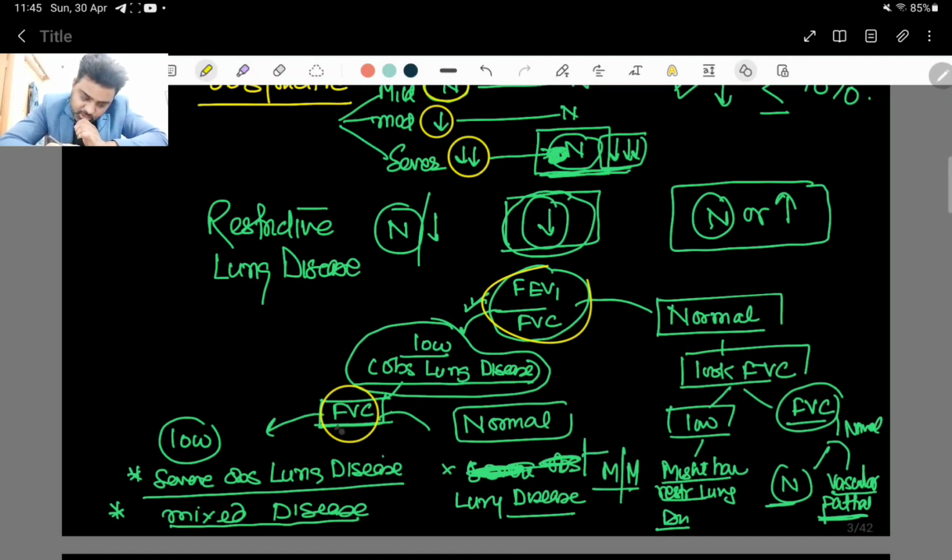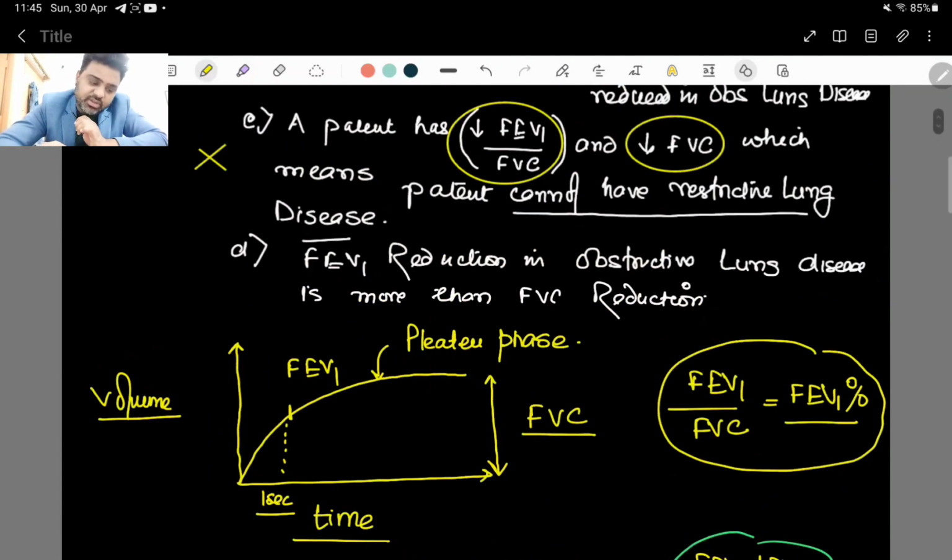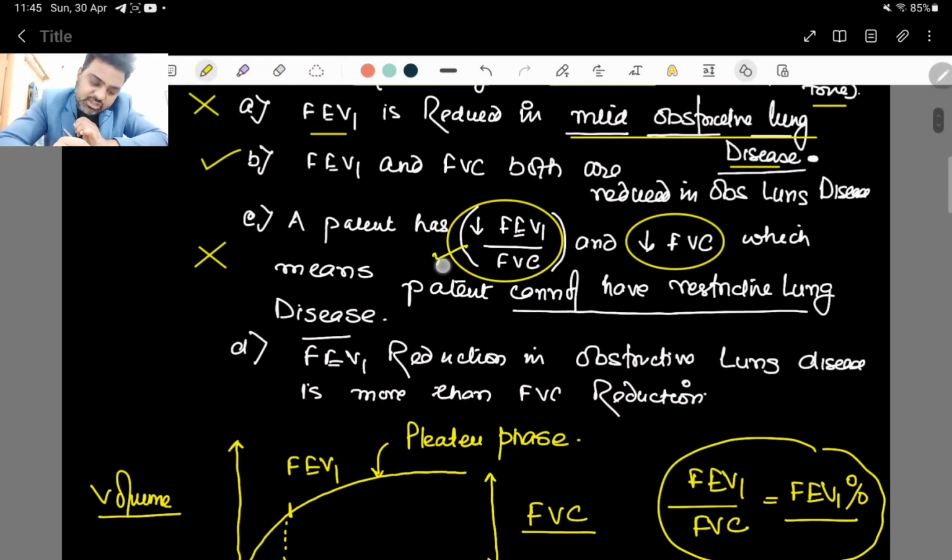And since FVC is low, this patient can have a severe obstructive lung disease, or this patient can have a mixed disease, that means obstructive plus restrictive lung disease. So even if this FEV1 by FVC is low and FVC is low, we cannot rule out that this patient can have a restrictive lung disease.